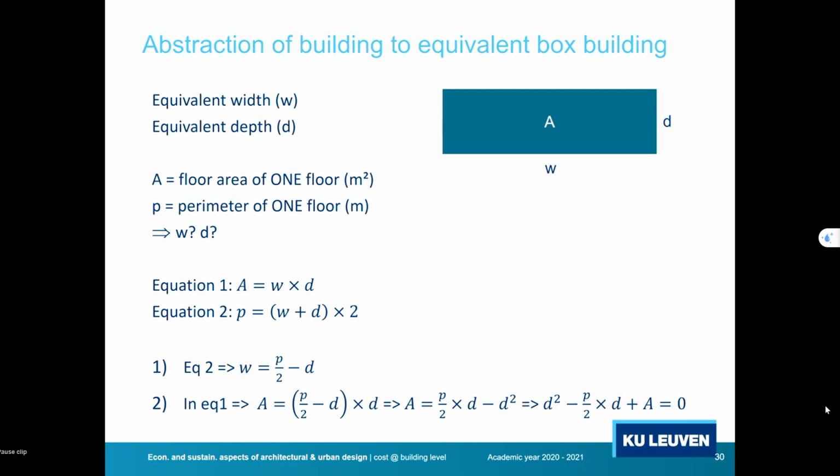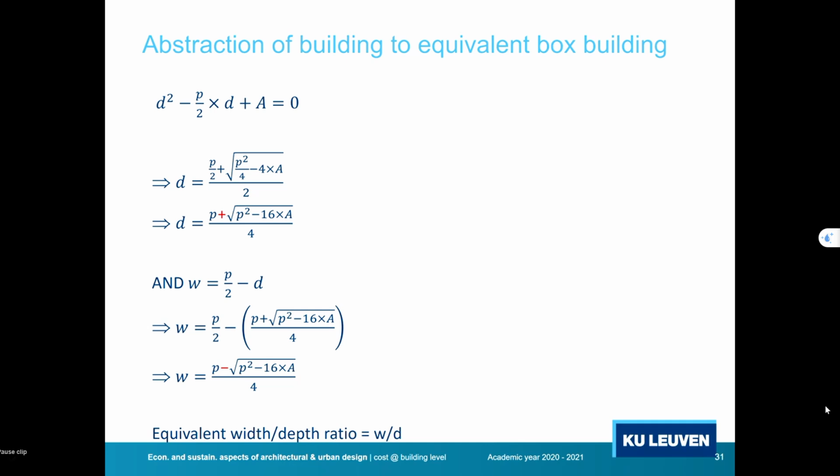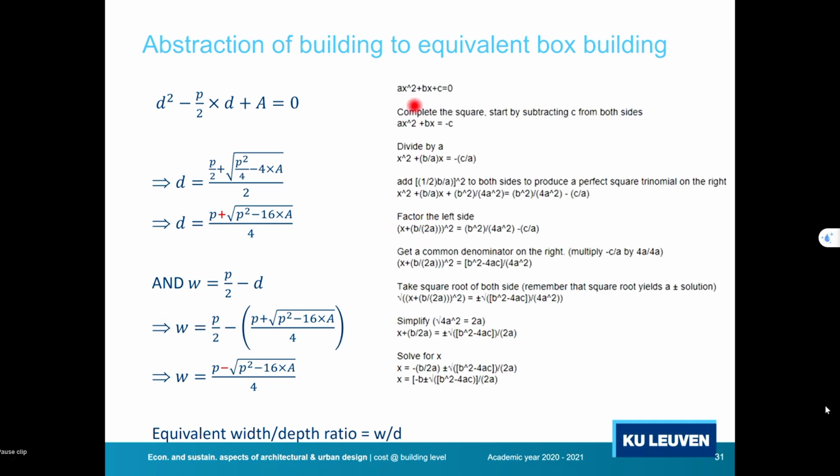You can solve this formula in this way. Here it is explained how it's done. I will not go into detail, but if you work it out, you will see that you can calculate the depth and you can also calculate the width with the other formula we had on the previous slides.